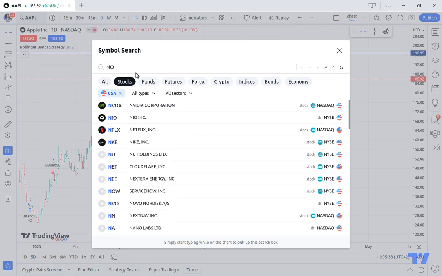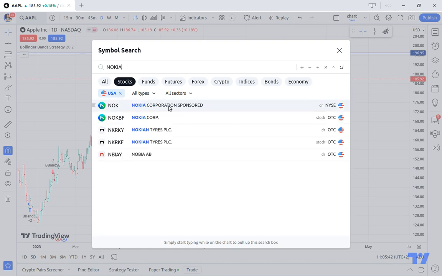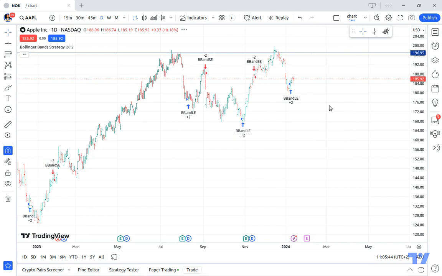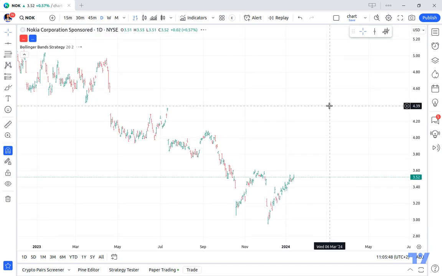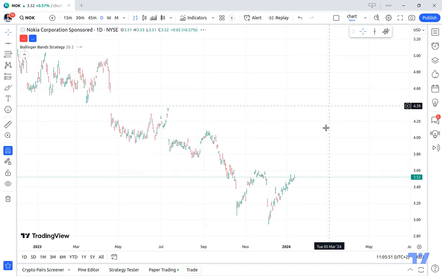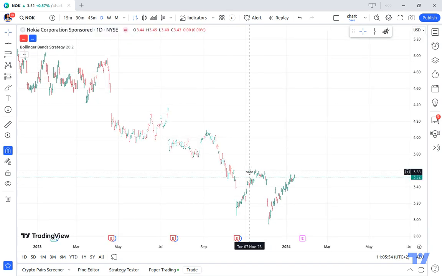Let me see. Usually they follow each other. Usually these stocks follow each other if they're in the same industry. Let's see if we have anything on Nokia.